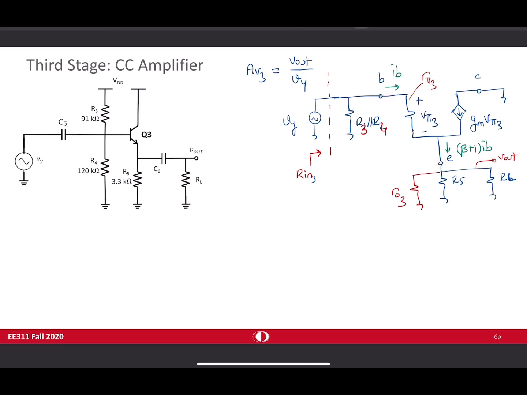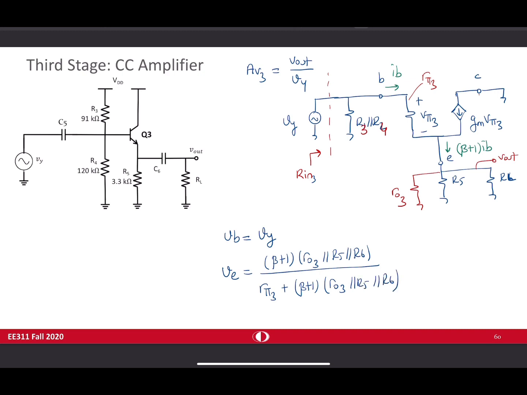So VB is equal to Vy, and VE is equal to, again by using reflection, you can say that it is like beta plus 1 times RO3, R5, R6 divided by R pi 3 plus beta plus 1 times R5, R6. You have resistive voltage division in here after reflection. So this will be your gain.